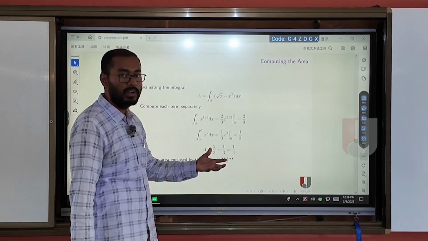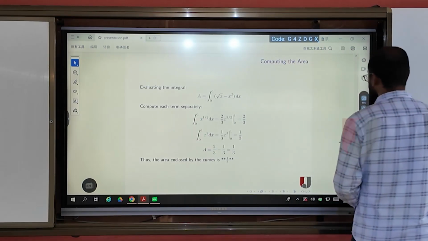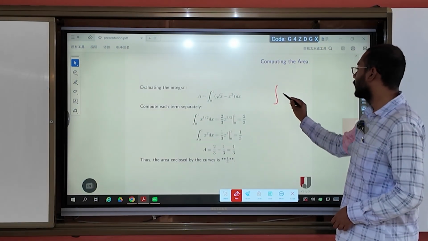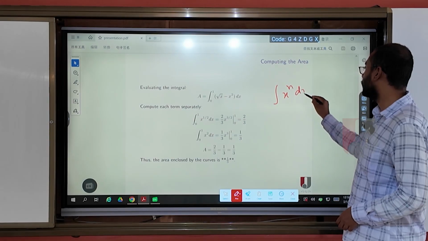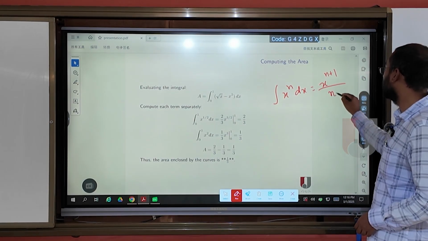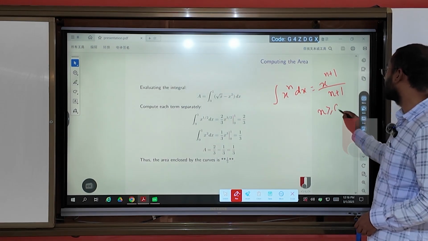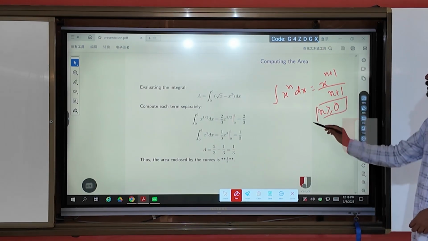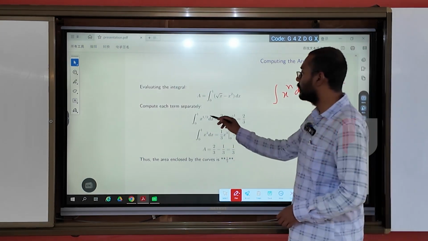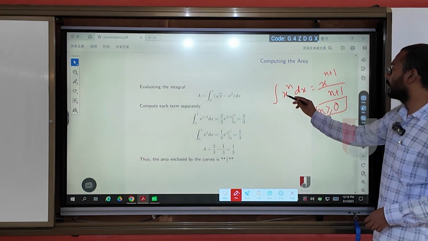So by the formula for integration of x to the power n dx, that is x to the power n plus 1 divided by n plus 1, provided that n is greater than or equal to 0. Only then can we apply the formula, otherwise we cannot. Here also you can see x to the power half, and half is greater than or equal to 0, so you can apply the formula for x to the power n dx.